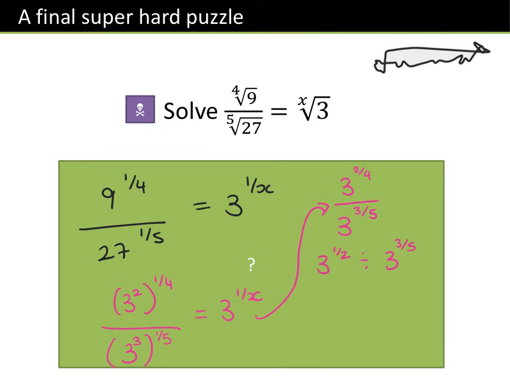What's a half minus 3 fifths, please? Negative 1 over 10. That is 3 to the power of 1 over x. So in this case, our x equals negative 10. Because what we want is for these two powers to be equivalent.